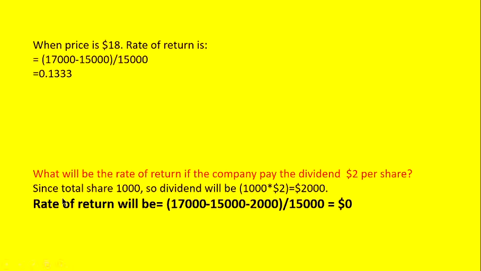Another question: what will be the rate of return if the company pays a dividend of $2 per share? The total number of shares in our example is 1,000, so the dividend will be 1,000 times $2, since it is $2 per share.